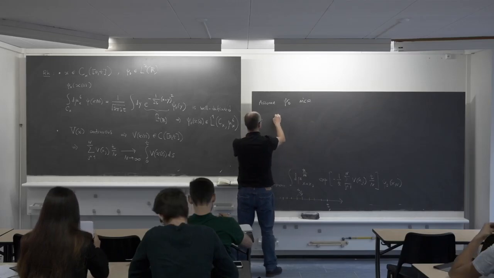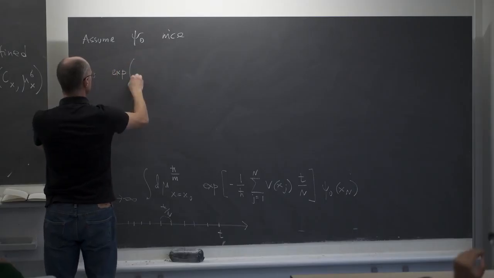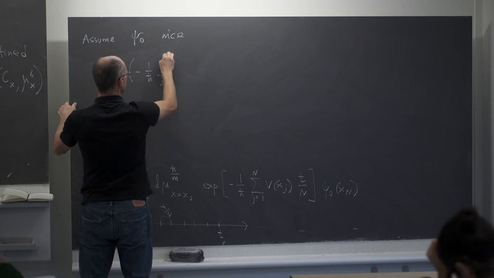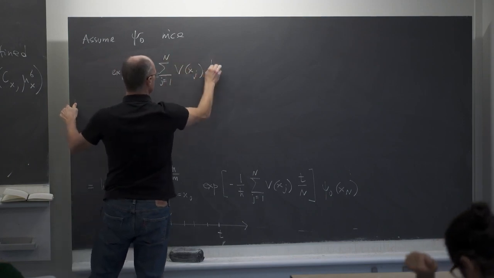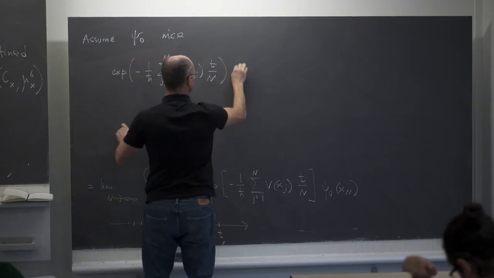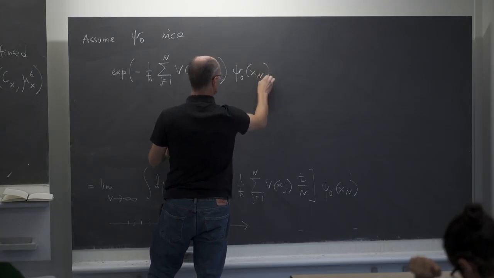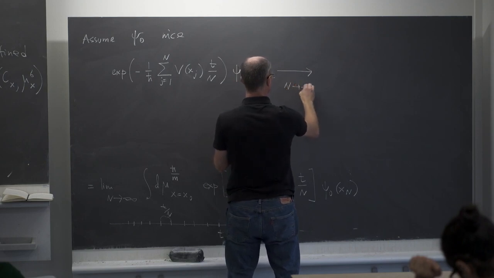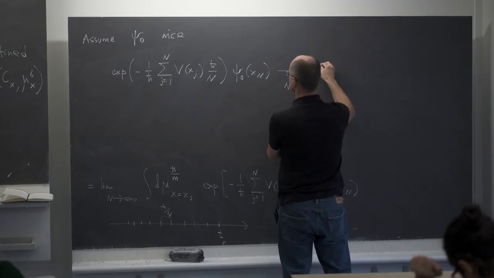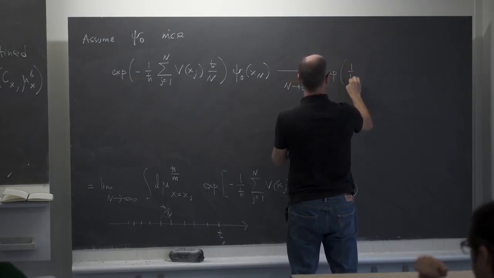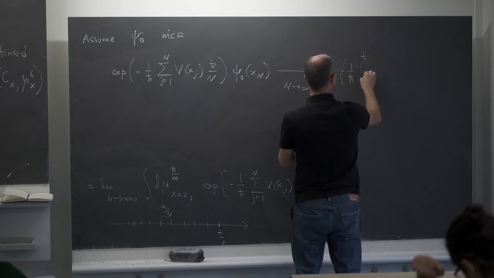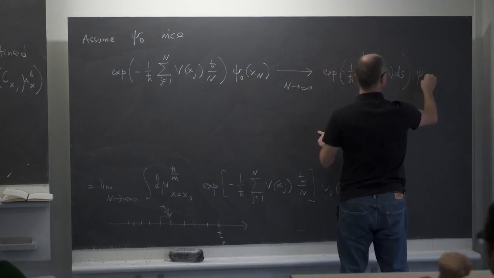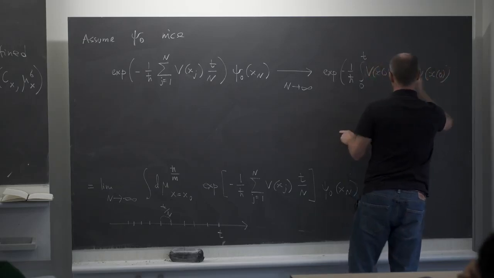Then the exponential of minus 1 over h, sum from 1 to n of v of xj t over n, psi naught of xn, converges when n goes to infinity to the exponential of minus 1 over h integral of v of x of s ds, psi naught of x of 0.